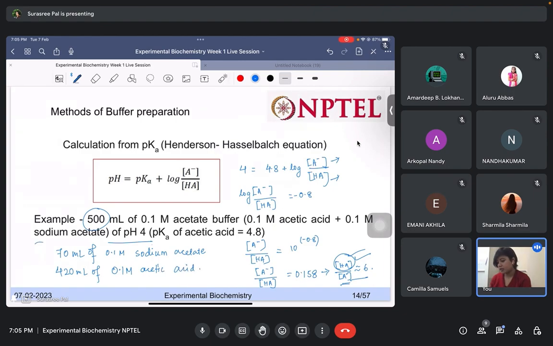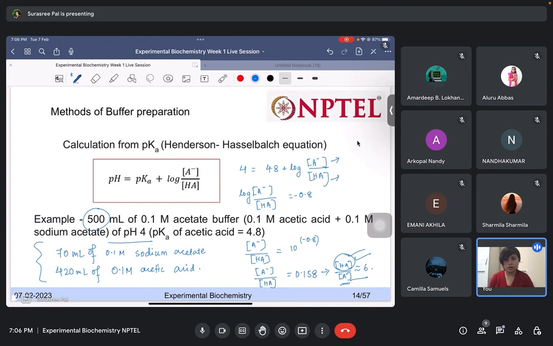So is that clear? Then we add water to adjust the volume, and some final pH adjustment might have to be done, which will be very little.